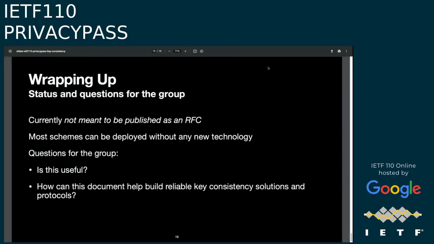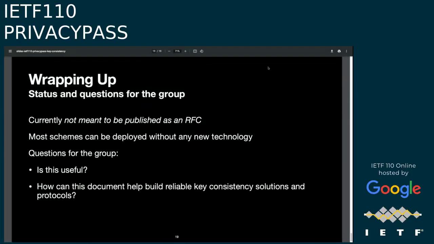So we wanted to at least have a common place where we could talk about the different trade-offs and different properties of each variant of the system, and things to consider. Right now, we definitely did not intend this to be published as an RFC. It's simply a place to collect a bunch of information and hopefully facilitate conversation and discussion.